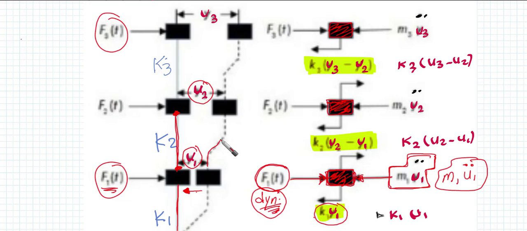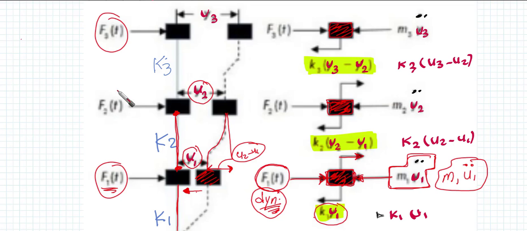This means the column has a relative movement, which is U2 minus U1. This difference is the resistance, or the contribution of the top column on mass number 1. And the direction is going to be to the right.